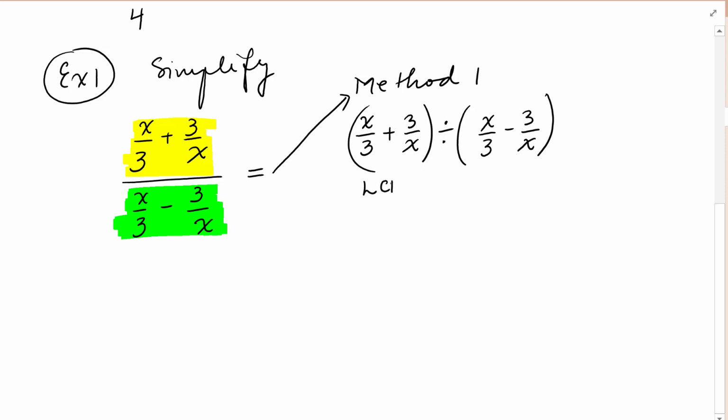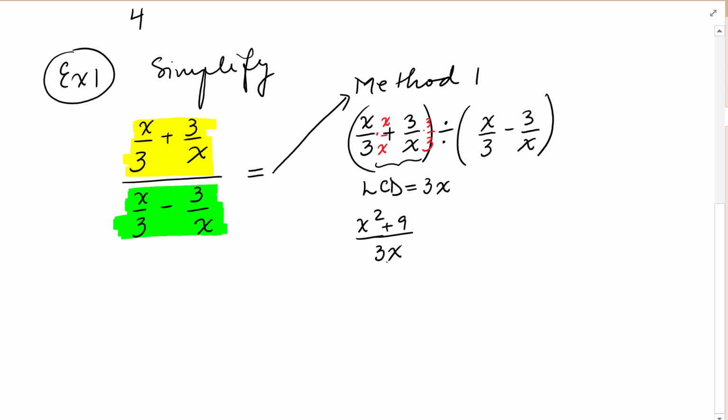Now, I'm going to look for the LCD of the first fraction. The LCD of the first expression is 3x. So I'm going to multiply the first fraction by x over x and the second one by 3 over 3 to have the same denominator. So we get x squared over 3x plus 9 over 3x.